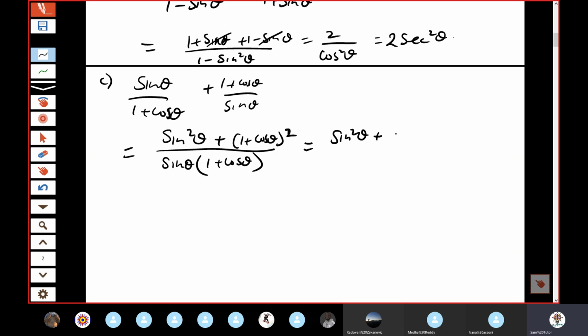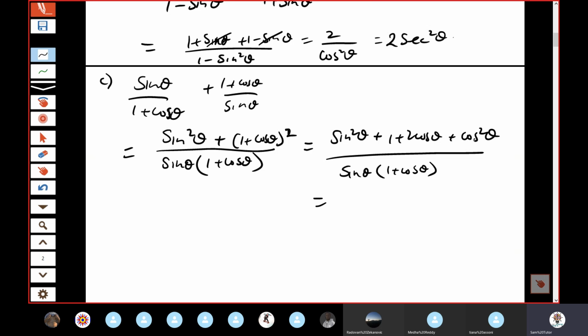Sine squared plus 1 plus 2 cos theta plus cos squared theta. Do not ever expand your denominator. Same thing as calculus, you don't expand your denominator. If it's already factorized, don't touch it. Because you'd rather cancel than expand and forget cancelling.